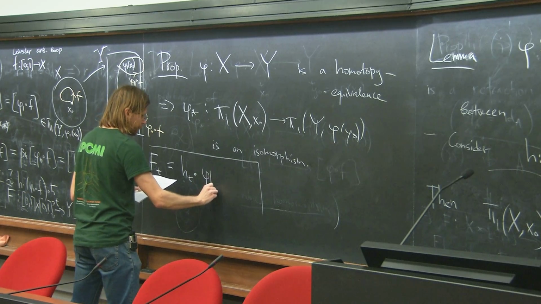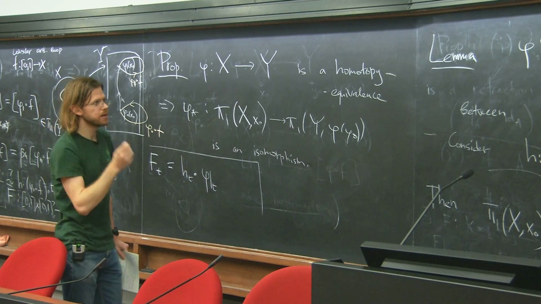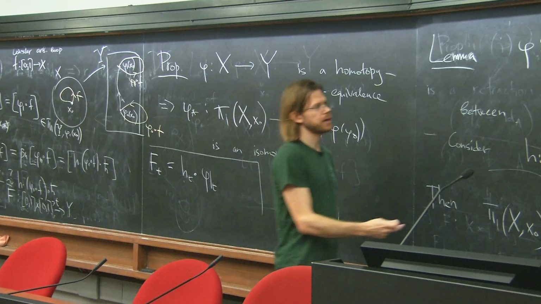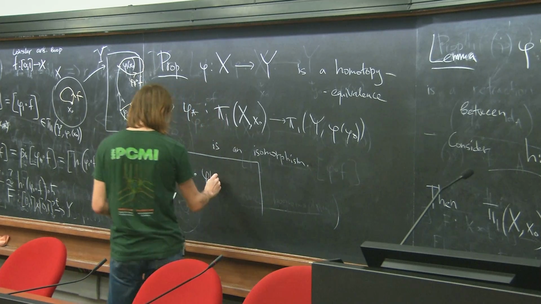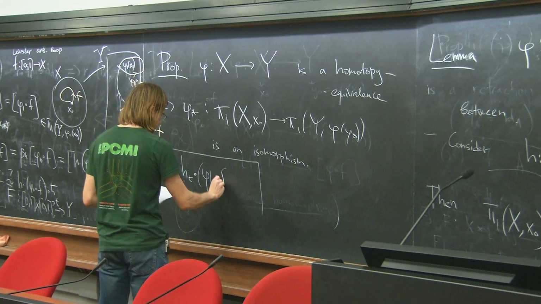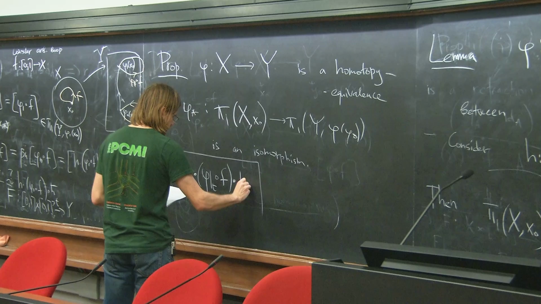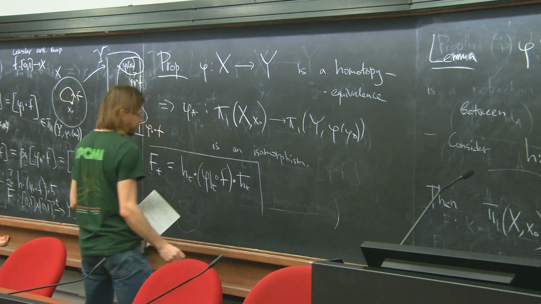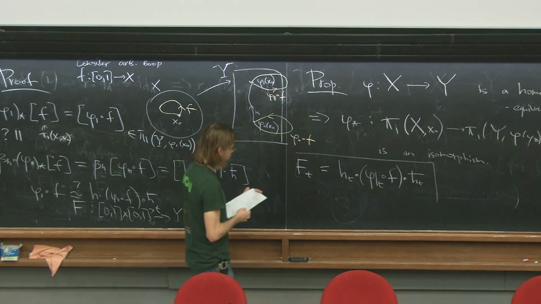Here we take the restriction of phi to a particular t, meaning we take a fixed value of the argument here, composing it with F, and then we compose it with the path h_t bar.